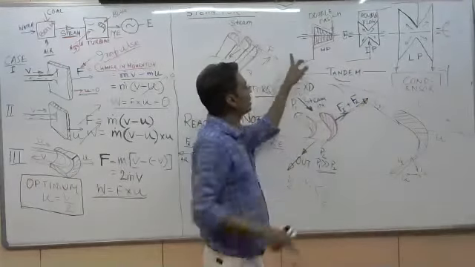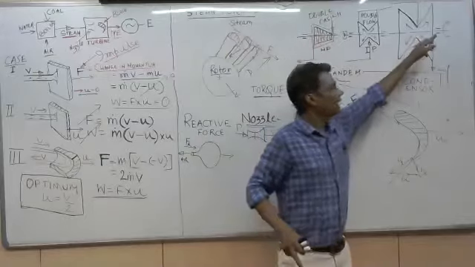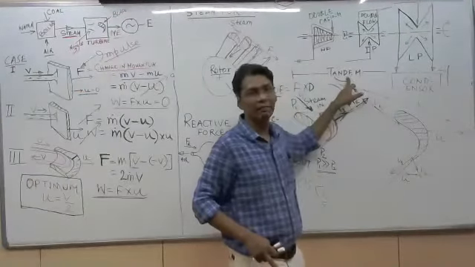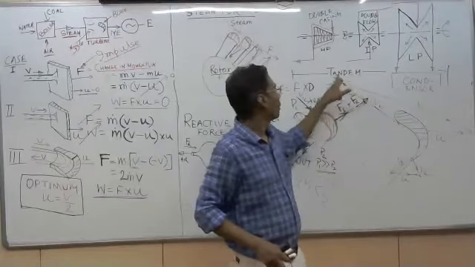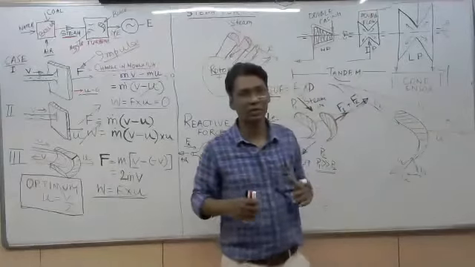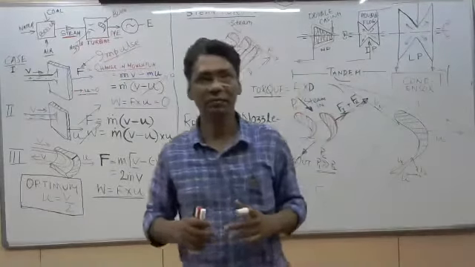All the turbines are coupled in a single line, which is called tandem arrangement, tandem compounded. All the turbines in a single line are coupled together on a single shaft.